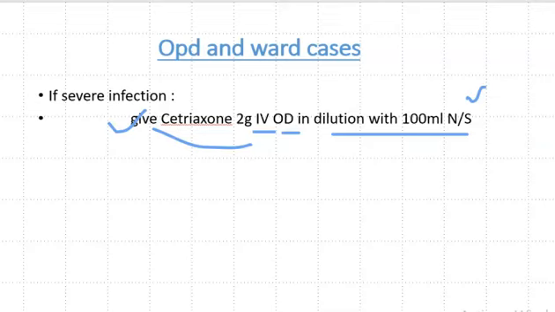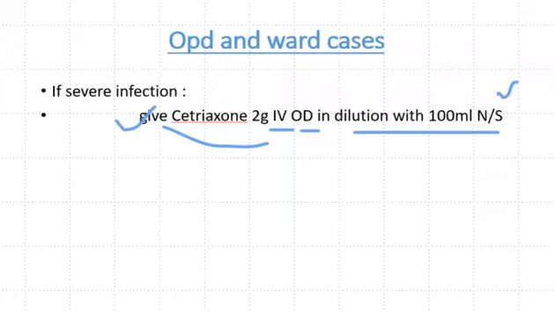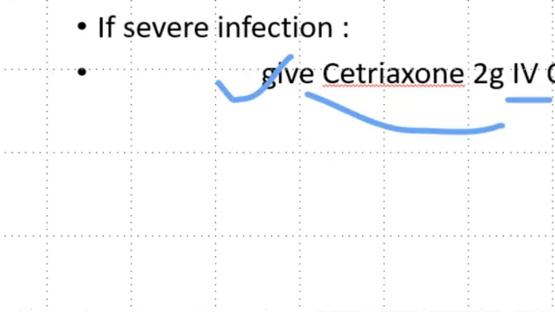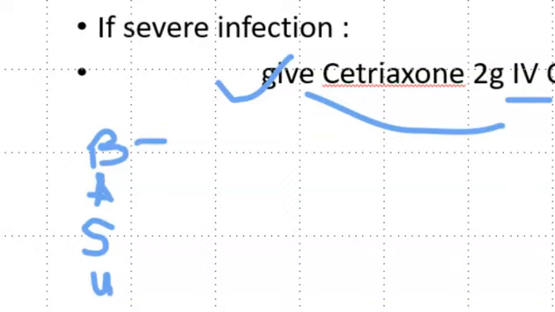Let's talk about the tests which are most valuable in the weeks. It is remembered by the mnemonic BASU. It shows that blood culture is the test of choice in the first week.